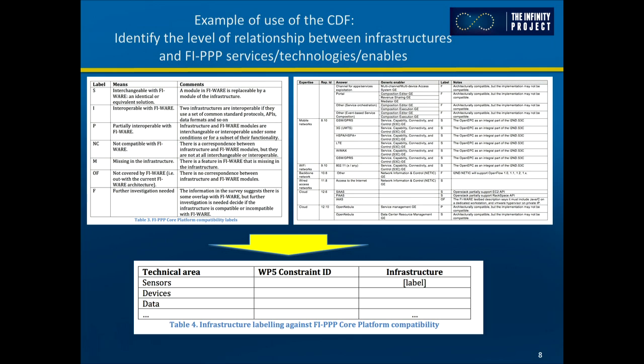you want to establish the level of relationship between infrastructure and FI-PPP services, technology, or enablers. In this way, you're also able to identify, as Silvio presented, whether this infrastructure supports this chapter. Is this compatible? Can we do it now, or do we need any adaptation?